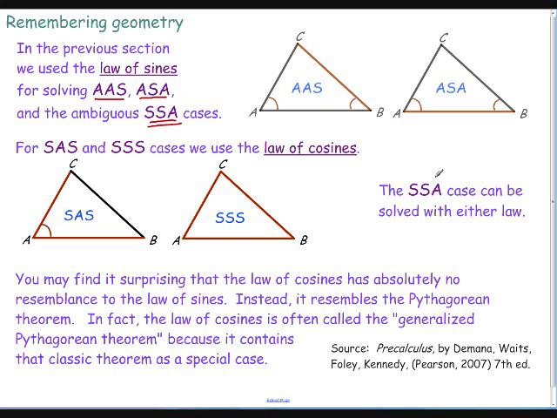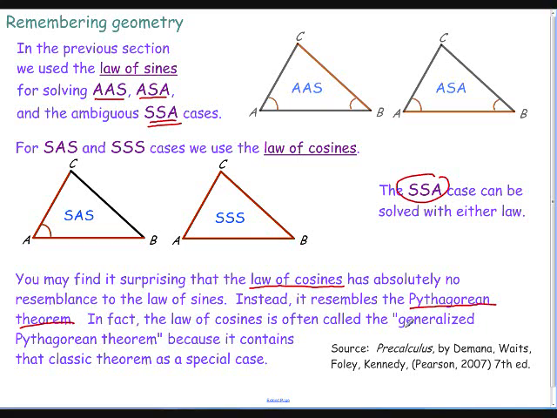For the ambiguous case, we can use either the law of sines or the law of cosines. Let me tell you right now, at least for my money, the law of sines is the easier one to deal with. When you look at the law of cosines, what's going to strike you is that it's not a ratio. What it actually looks like is the Pythagorean theorem.